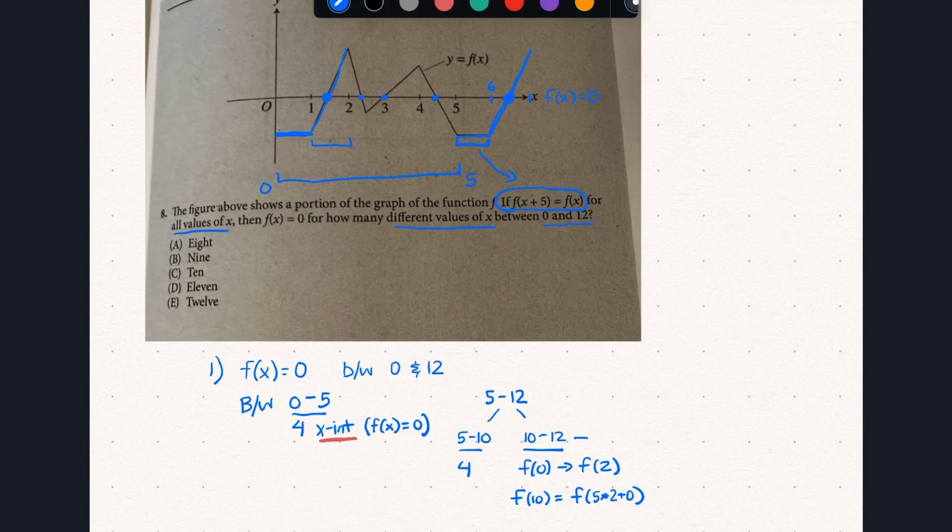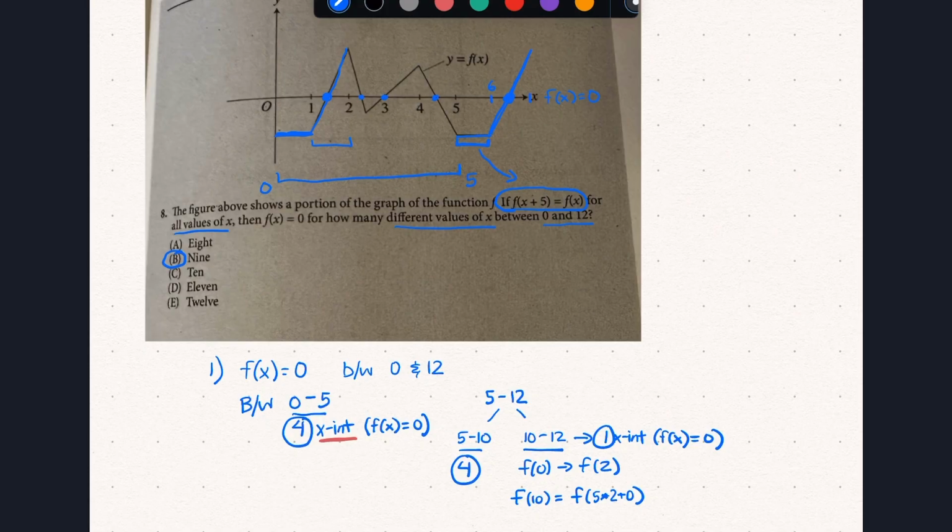So here we would have one x-intercept, or in other words, a value where f of x equals 0. So adding all of these up together, we have 4 plus 4 plus 1, which gives us 9, which is our correct answer.